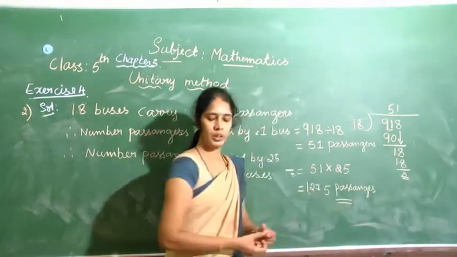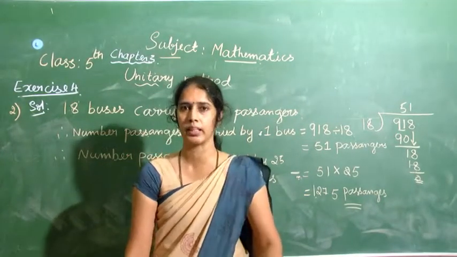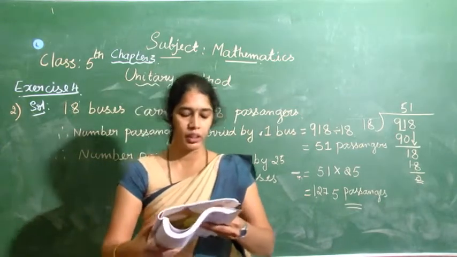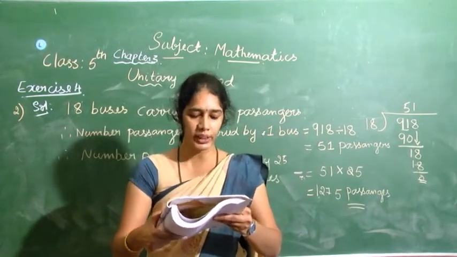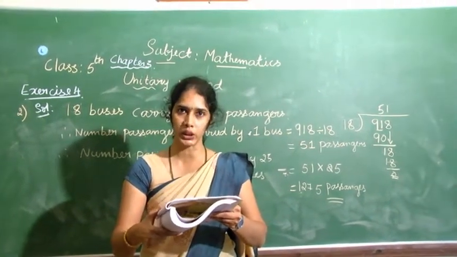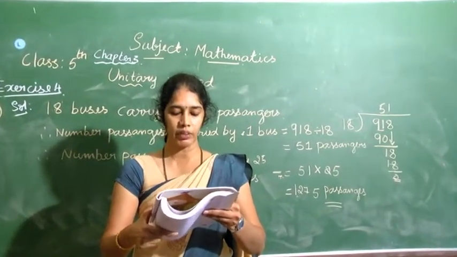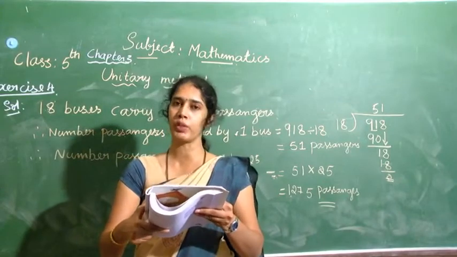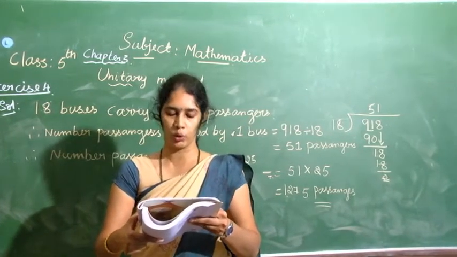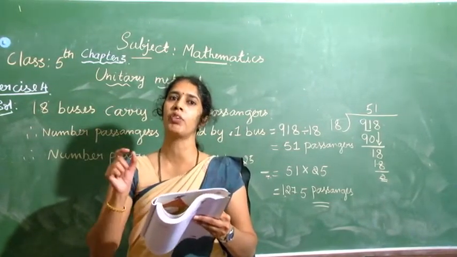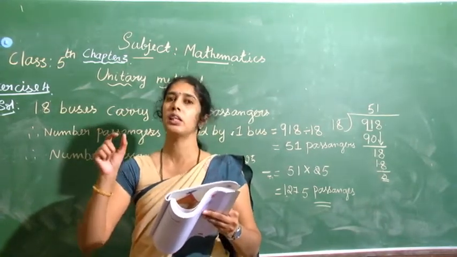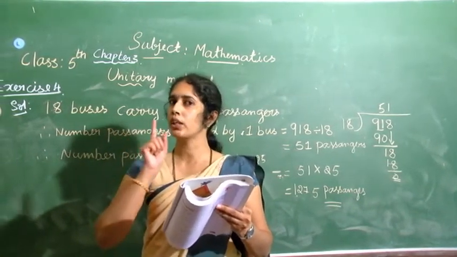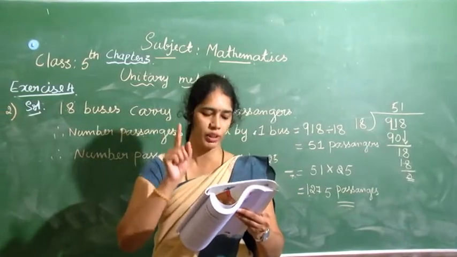Now we'll move to the next sum. Third one: 25 bags of sugar weigh 725 kg. How much do 15 bags weigh? So, given that the weight of 25 bags is 725 kg. First, we will find out the weight of one bag.